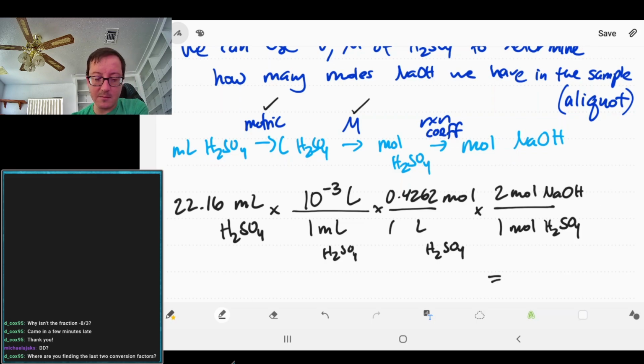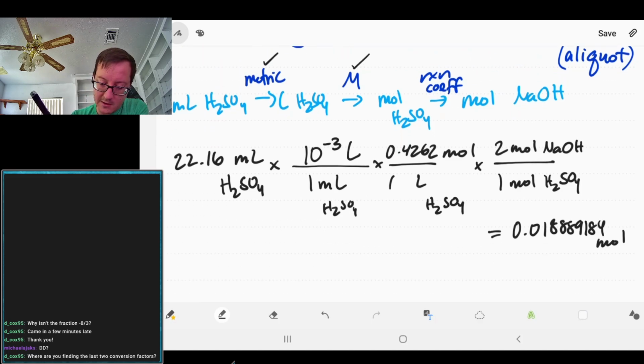And so doing this math, here we go. Always do this with me just in case. Times 2. I get 0.018889184 moles of sodium hydroxide.